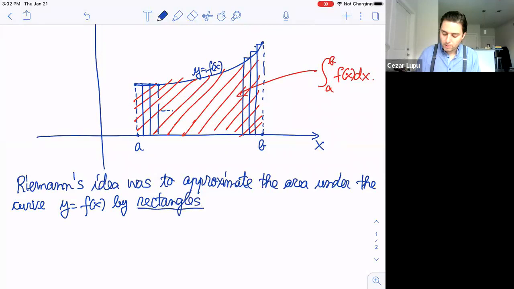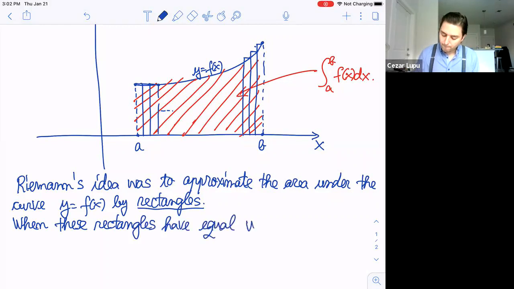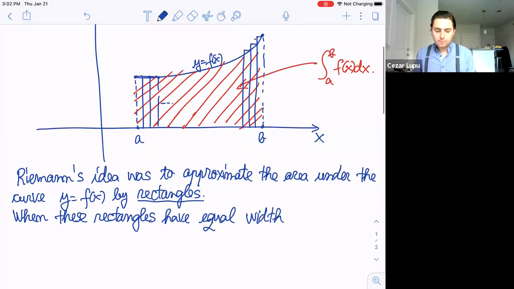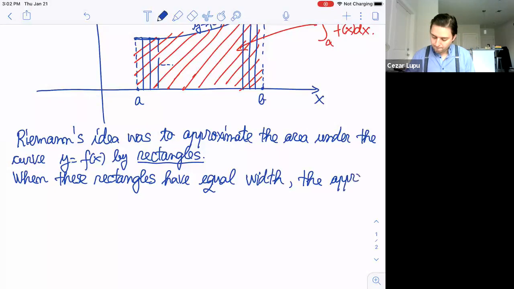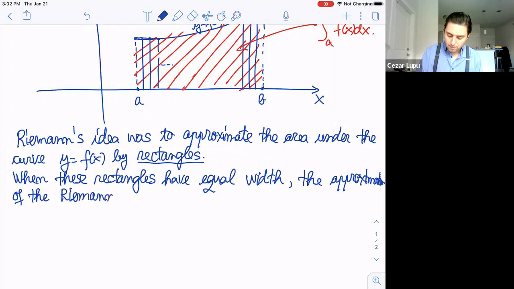All right, so as you already know, when these rectangles have equal width, the approximation of the Riemann sum reads as following.